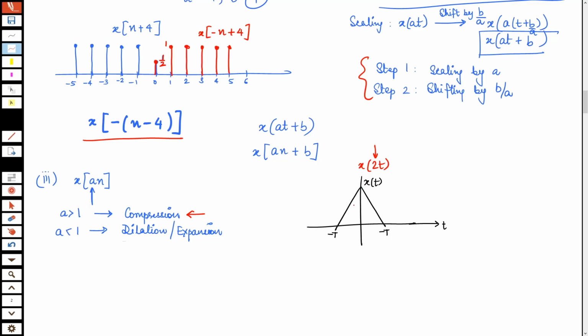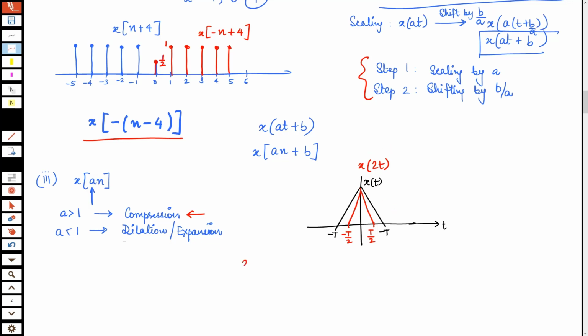This means what? That x of 2t will have the same shape, but now the range that it occupies will be half of that of previous signal. So instead of minus t, it starts from minus t by 2 and goes up to plus t by 2. This is how x of 2t looks like.